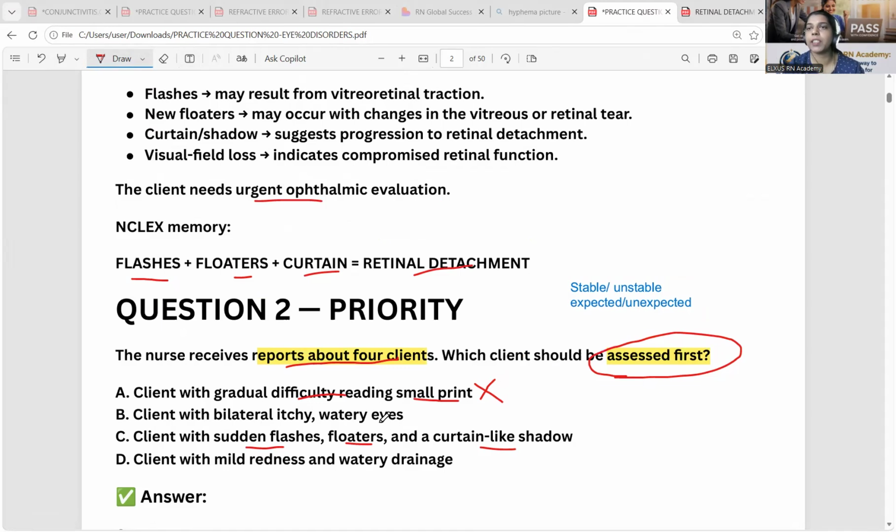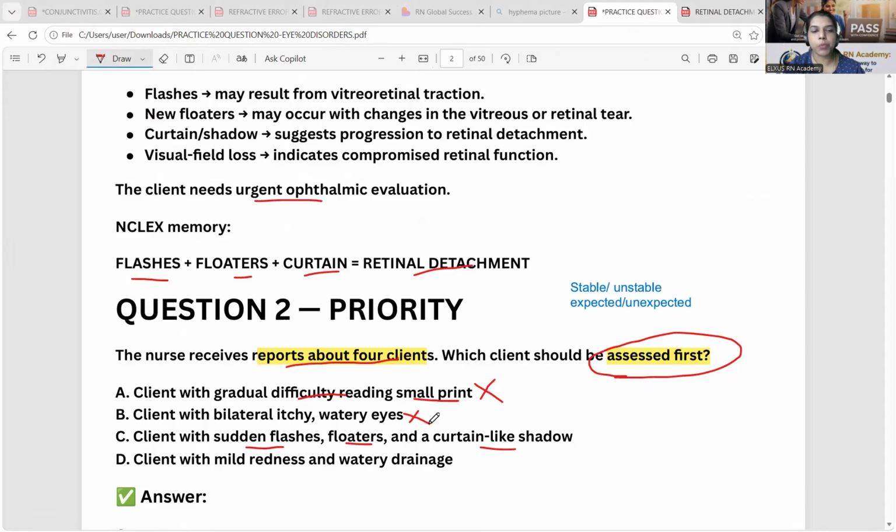It is not an unexpected or unstable situation. Bilateral itching and watering can be expected. If there is any eye irritation, we feel eye itching and water comes from the eyes. So it can also be eliminated.